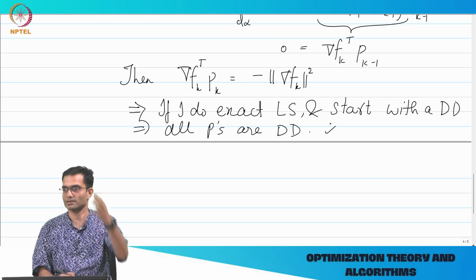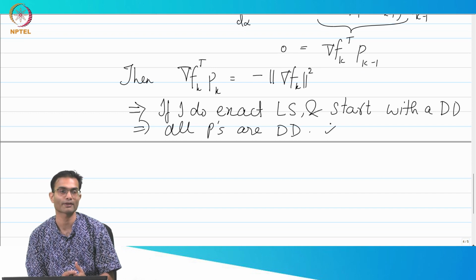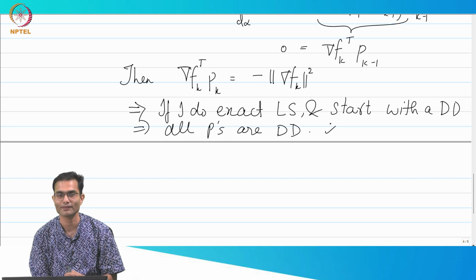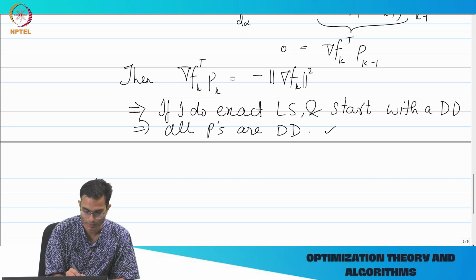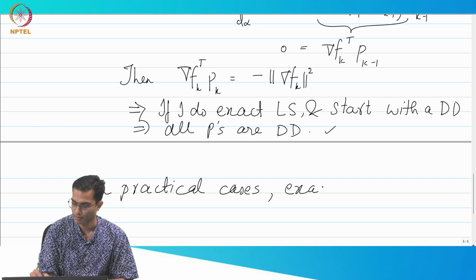Now, of course, as was pointed out, if I am doing nonlinear CG and my function is expensive to evaluate, obviously I don't have the luxury of exact line search. So in practical cases, we can say that exact line search is not possible.